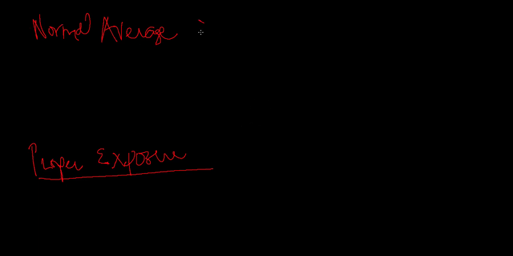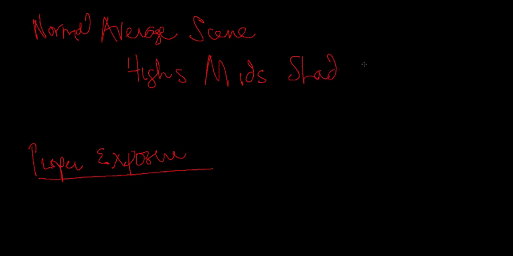But we have a normal average scene. And that simply means that we have highlights, midtones, and shadows. So every now and then in photography we have pictures that are what we call white on white or black on black.